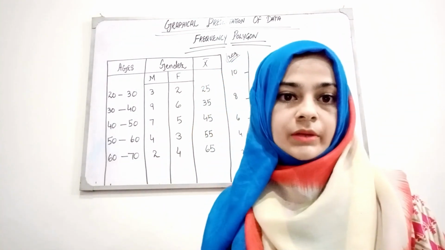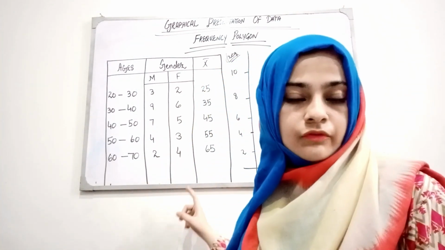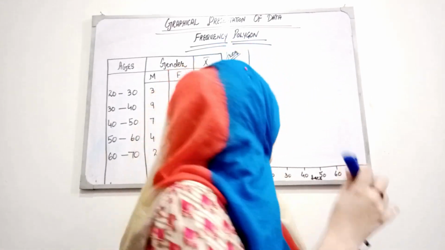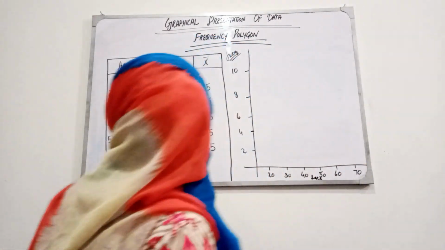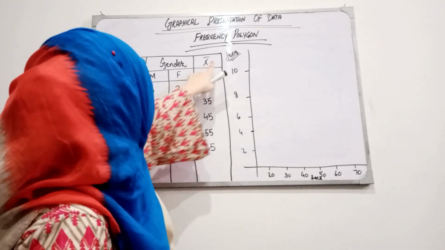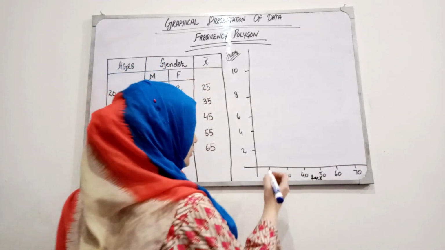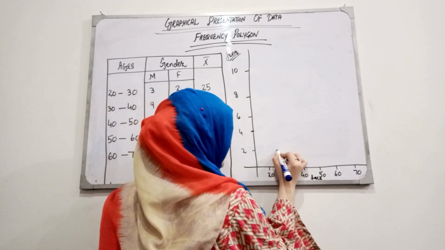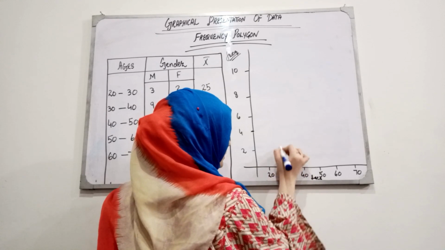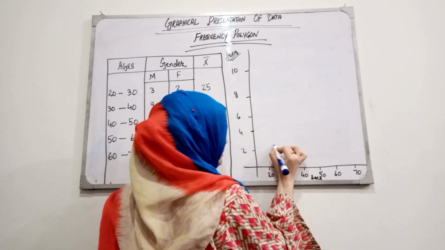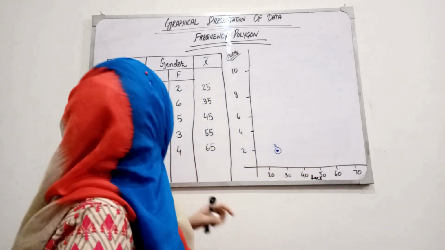First I will make the frequency polygon for the female, because ladies first. So the frequency is 2 and the midpoint is 25. I will plot here the center of 20 to 30, the midpoint is 25, and this is the frequency 2.